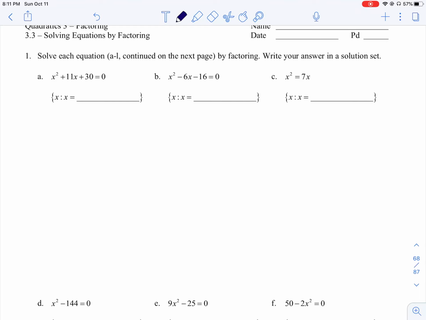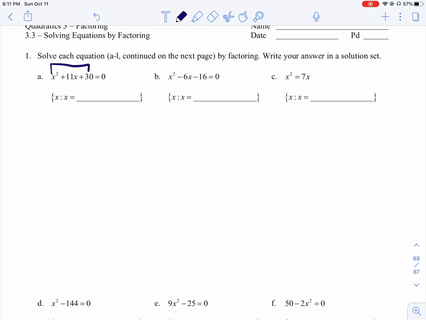The first step in factoring is to make sure that there is no greatest common factor. And in this case, it does not look like there is a common factor that we can simplify this equation into. So I'll proceed into multiplying my a value and c value.